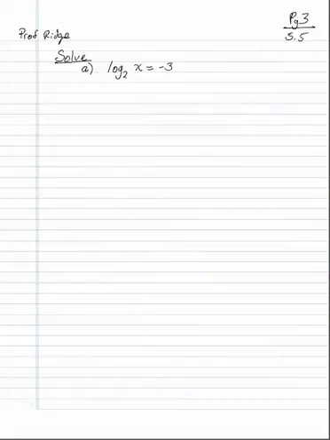Okay, so let's convert. Now, one technique is if you have 1 log equals 1 log, you drop the logs. We just talked about that. Another one is if you have 1 log equals a number, then you're going to convert it to exponential form.